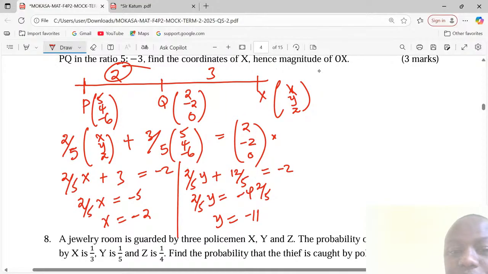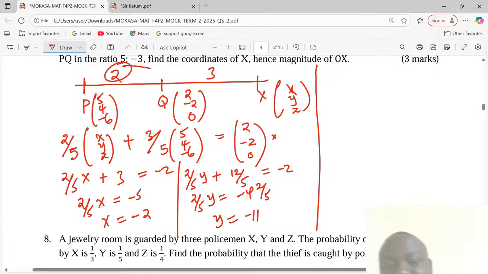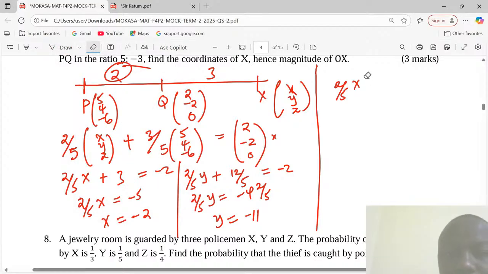With a negative 11 at that point, we can now consider the z axis. When we consider the z axis, then we shall be having 2 out of 5 z.